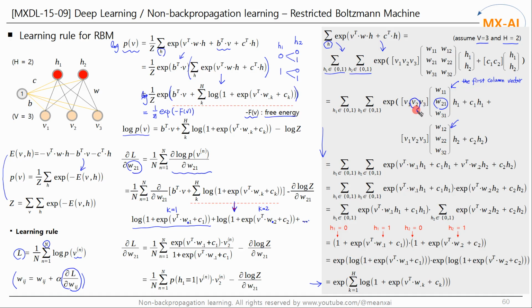The V to be multiplied by W21 is V2. So if we differentiate the first term, we get this result. This is the conditional probability of H1 being 1 given v^n that we derived in the previous video. So this can be written as follows.